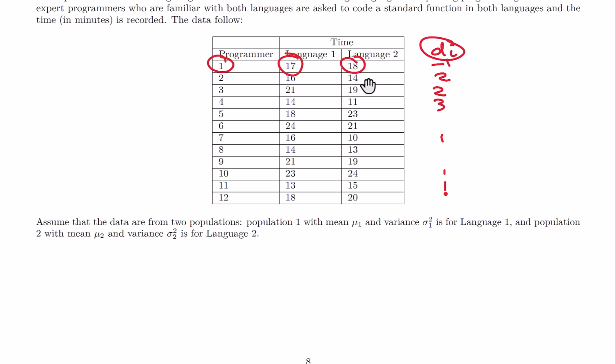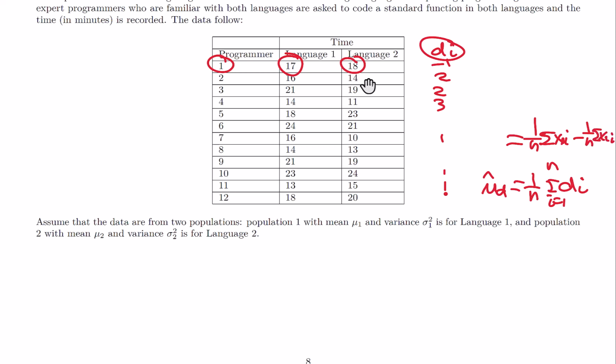So this mu D hat estimate is gonna be 1 over n sum of Di, right? But from the math, this is actually exactly the same thing as 1 over n sum of x1i minus 1 over n sum of x2i.